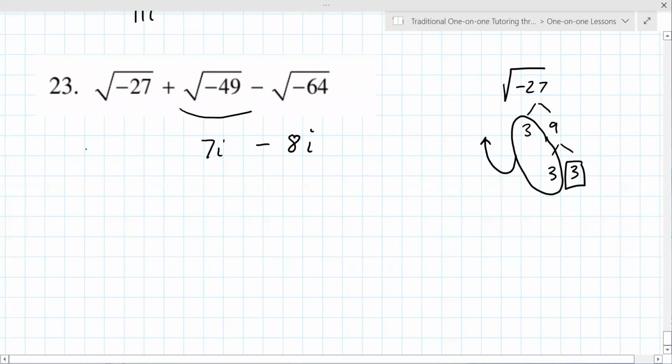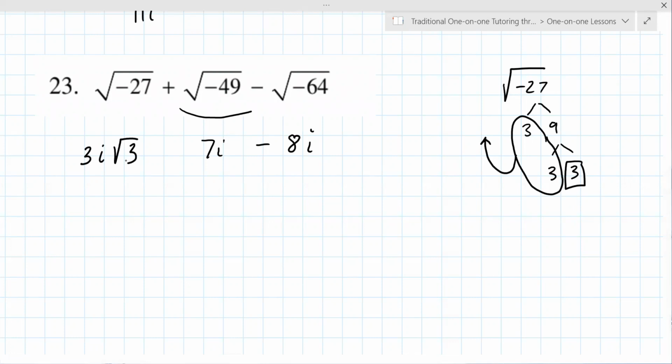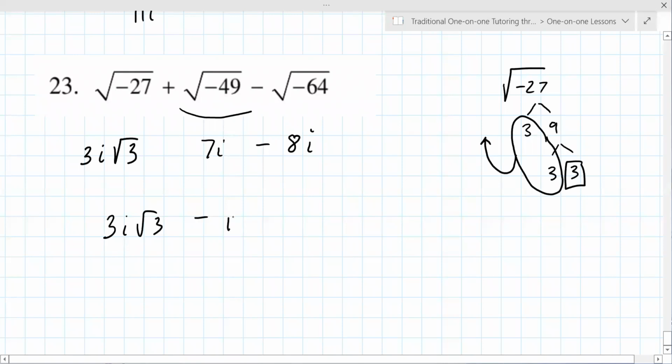So it's 3i square root 3. So then you subtract 7i from 8i. So you have 3i square root of 3 minus i.